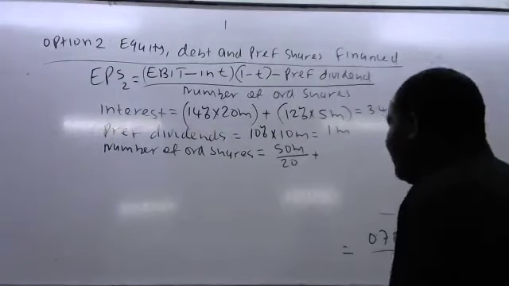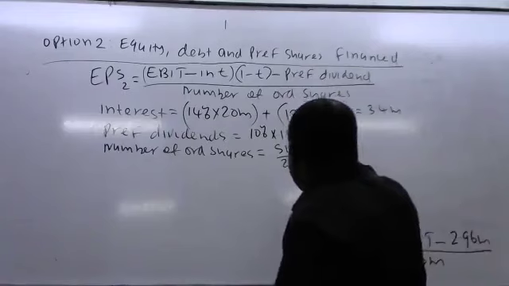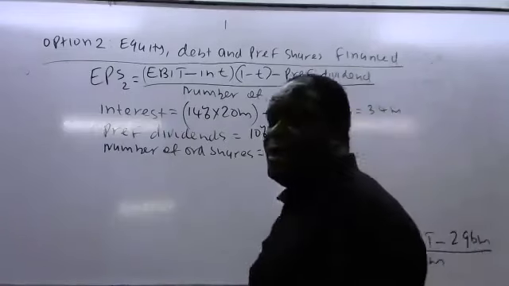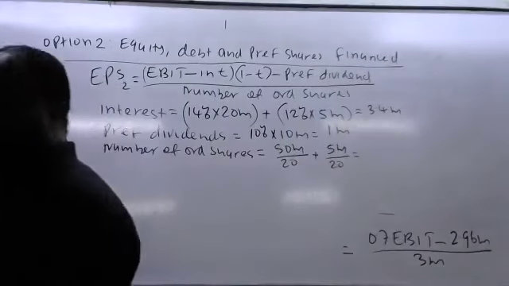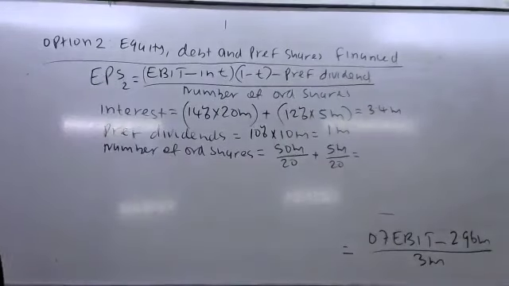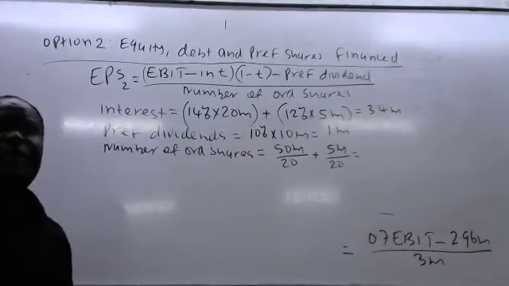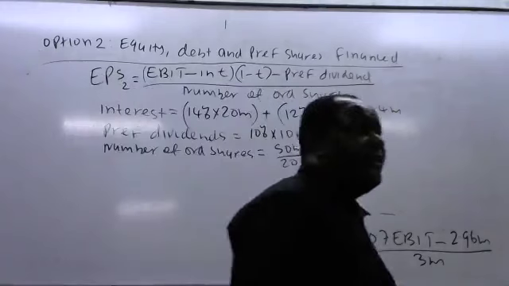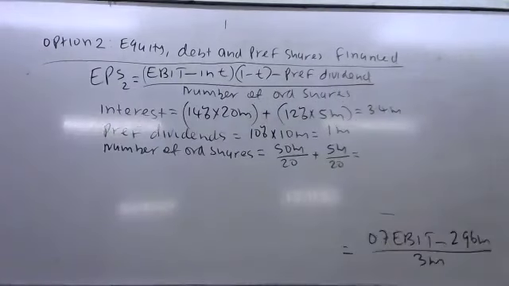But they are also being issued at what price? So the par value is 20 shillings. So we add them together to give us the total number of the ordinary shares. So how many ordinary shares are we getting at that point?